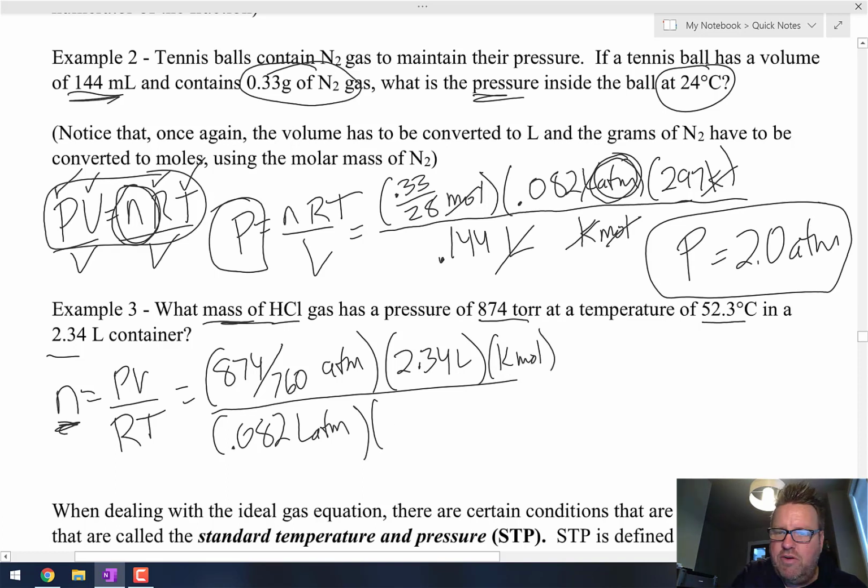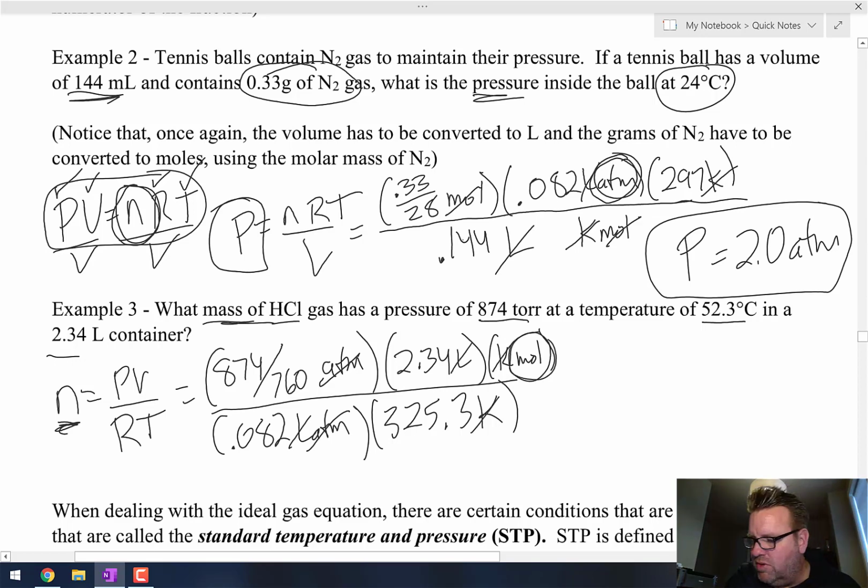And then the temperature, 52.3 plus 273 equals 325.3 Kelvin. And again, if this is right, everything better cancel except for moles. So atmospheres over atmospheres, liters over liters, Kelvin over Kelvin. What's left again? Moles.